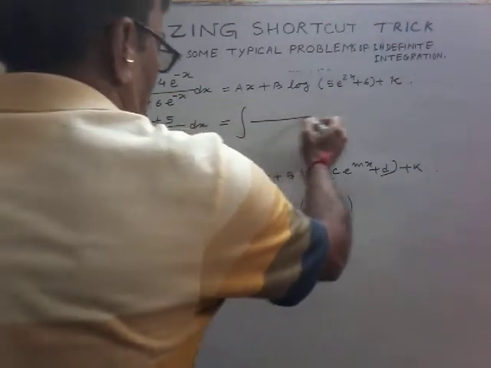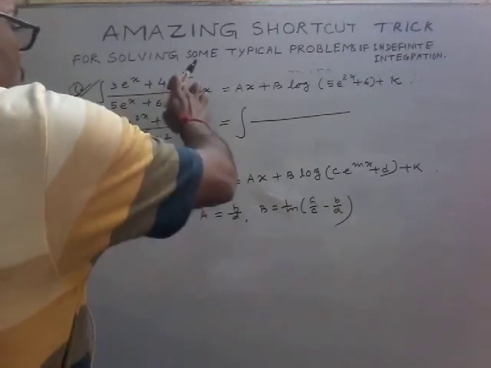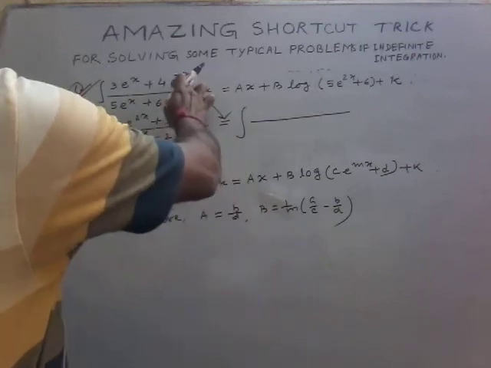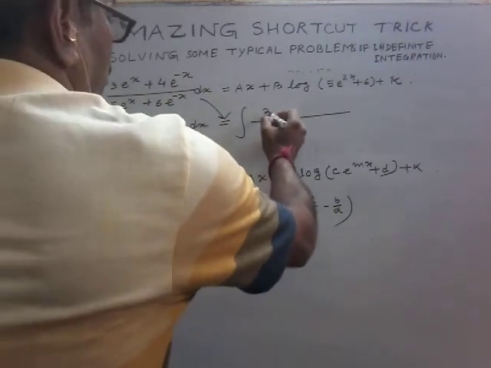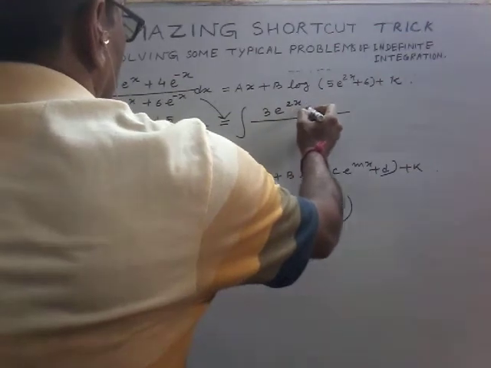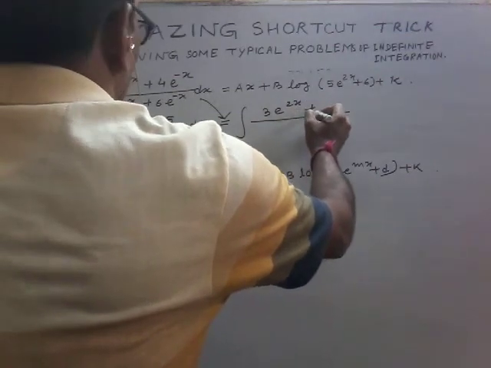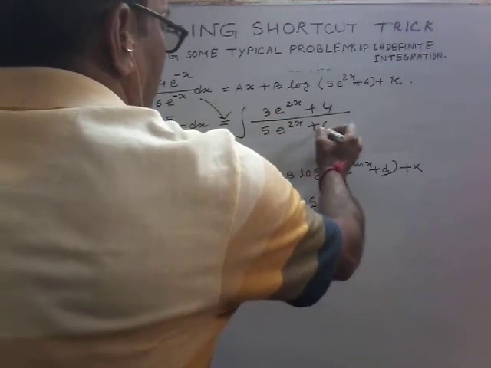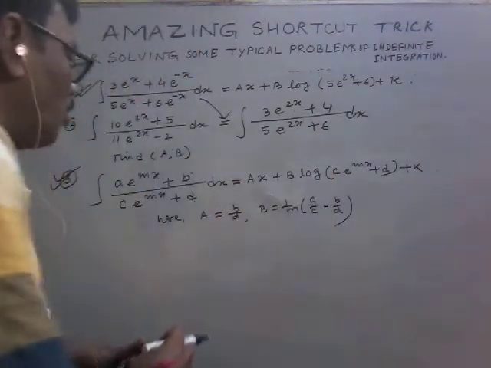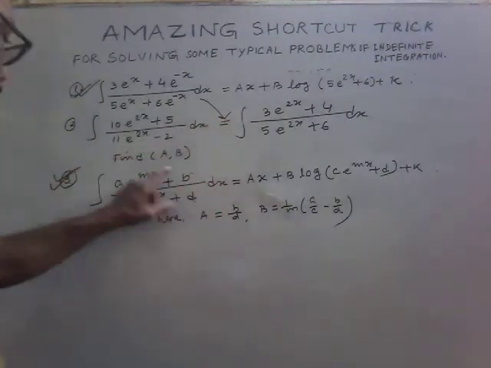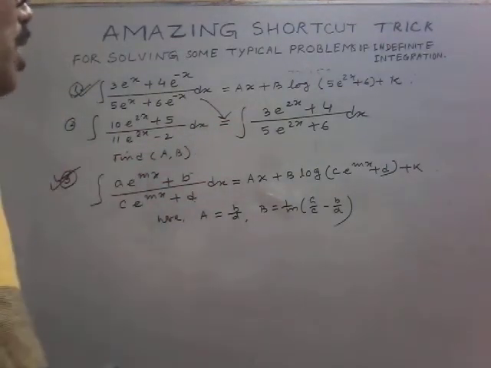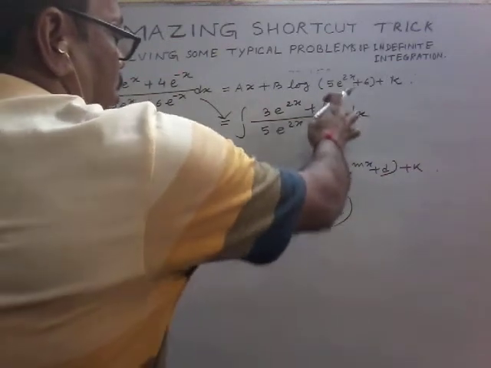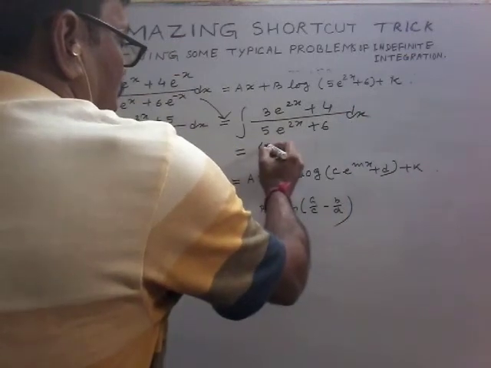For this problem, the denominator has a constant factor, so multiplying by e^x, we get (3e^(2x) + 4) / (5e^(2x) + 6) dx. Now this problem reduces to the general form. Now what is A? A is 4 by 6.